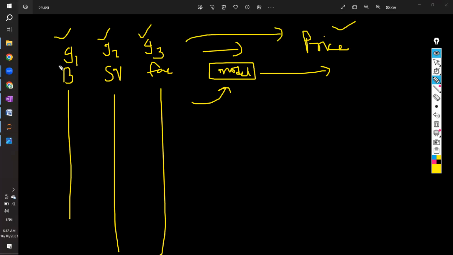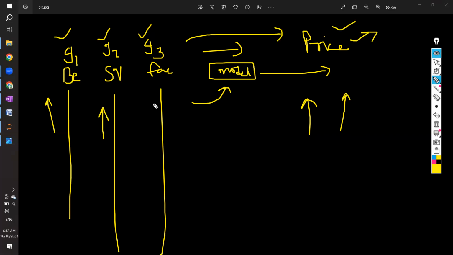That means if you are changing the values of this column, that should directly affect the output column. So if the number of bedrooms is increasing, that should affect the price. Either the price should increase or decrease, some effect should be there. If the number of square feet is increasing, that should affect the price.